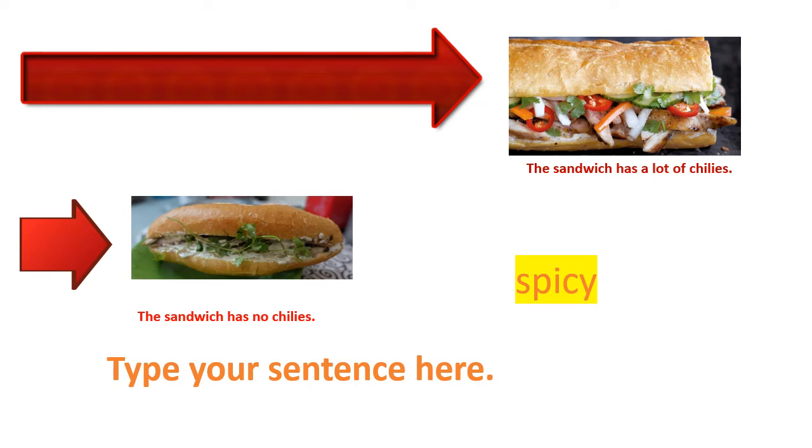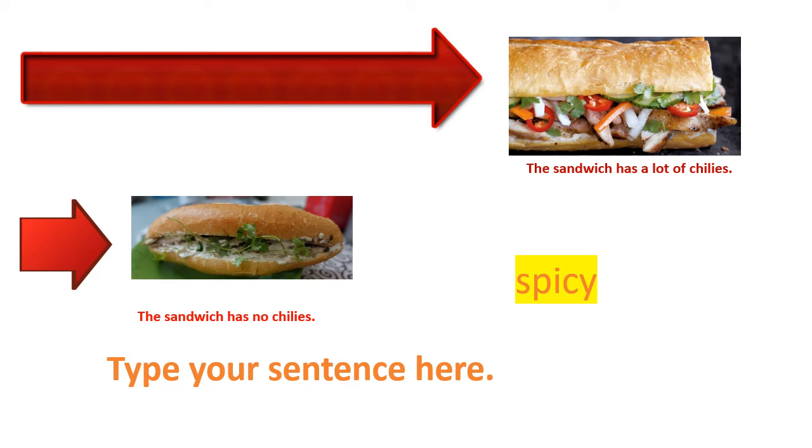Here's an arrow up at the top, and then under there's another arrow. Then I give you two pictures, and I give you a clue. I say the sandwich has a lot of chilies. Over here, the sandwich has no chilies. Those are your clues.